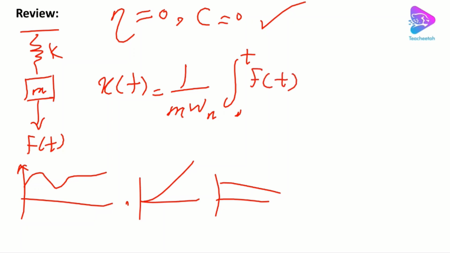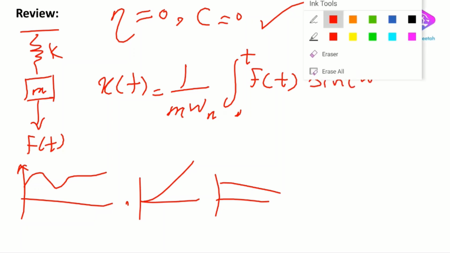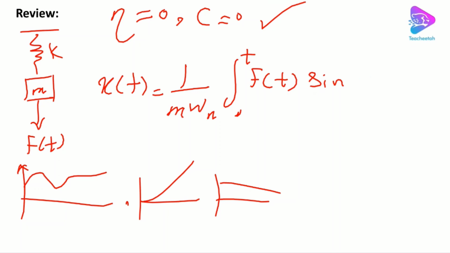There is no e here, just sine omega n (t minus tau) d tau.